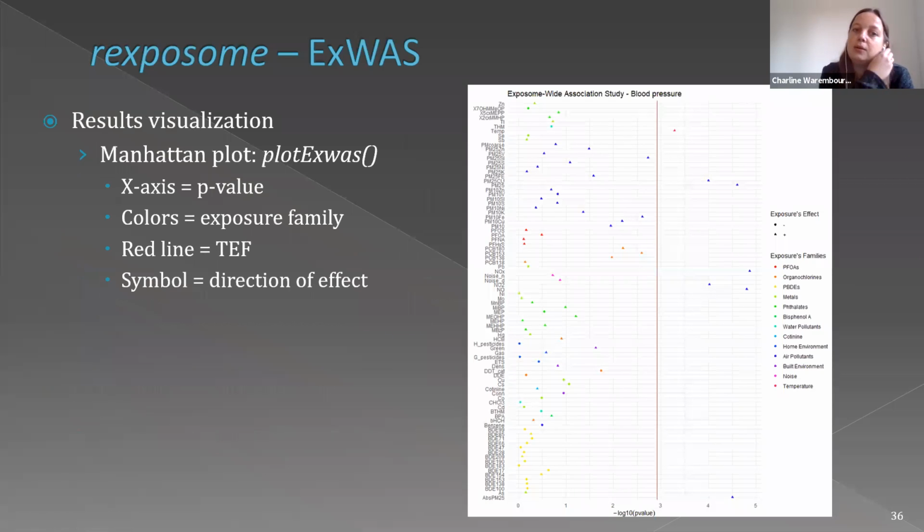So then when you apply the ExWAS function, you can also visualize the associations. So here is the Manhattan plot, where you can see in the x-axis the p-value of the association, and in the y-axis all the exposures. And you have different colors depending on the exposure family.